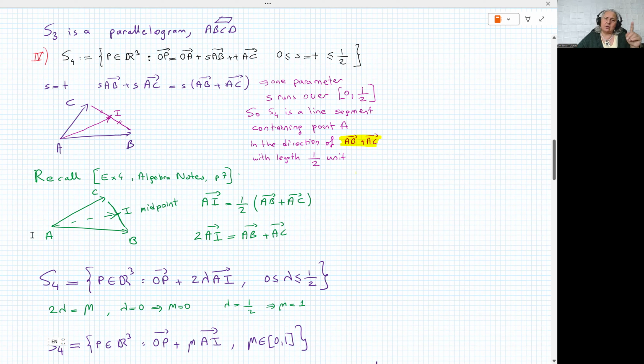If you look at that note, you will be able to see this fact with AB plus AC: if you have this kind of situation, then when you add these two vectors, it will be twice this AI. Or the vector AI is equal to 1 over 2, a half the median of the AB plus AC. Now let's use this fact and try to understand what the set S4 is.